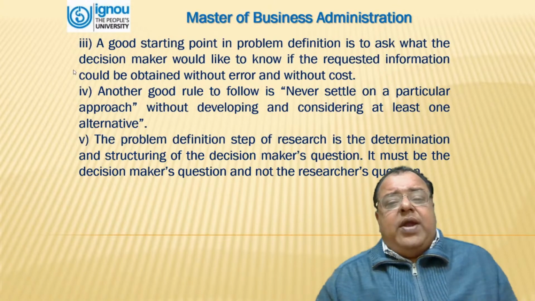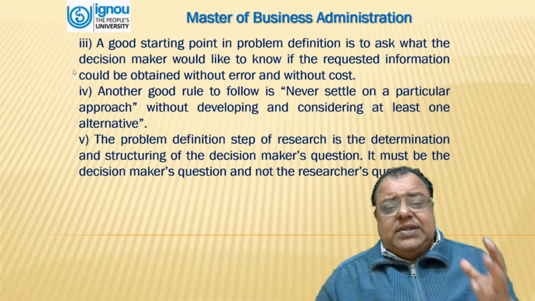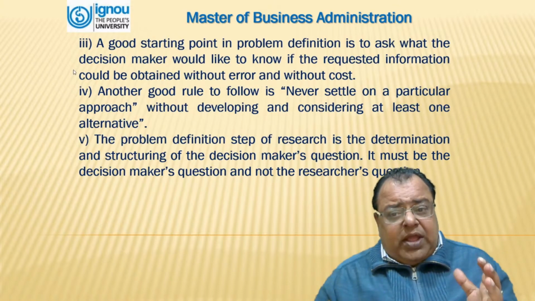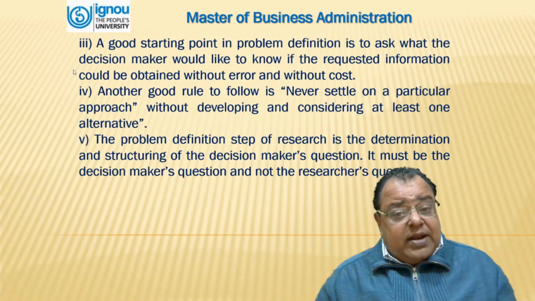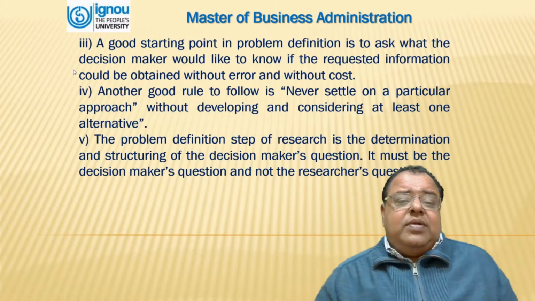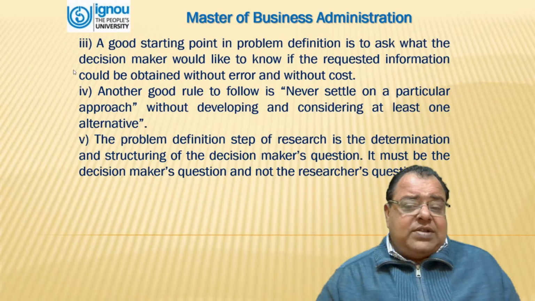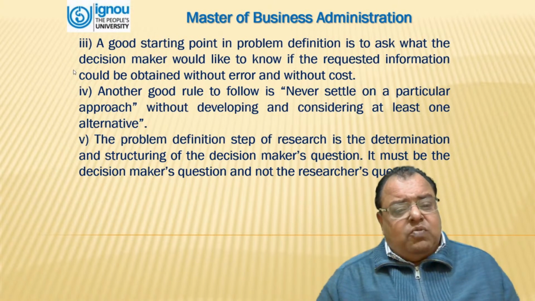A good starting point in problem definition is to ask what the decision maker would like to know if the requested information could be obtained without error and without cost. Another rule to follow is never settle on a particular approach without developing and considering at least one alternative.